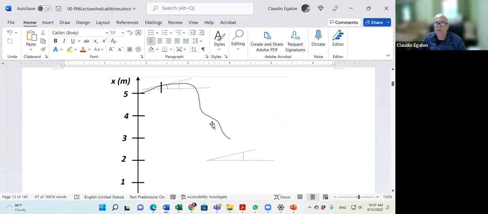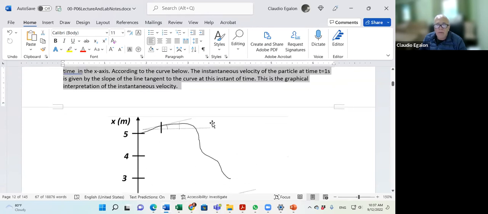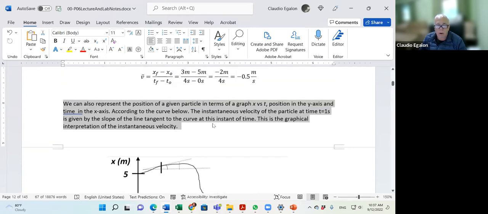Okay, instantaneous velocity is going to be the slope of the line tangent to that specific point. I'm going to write that down here.